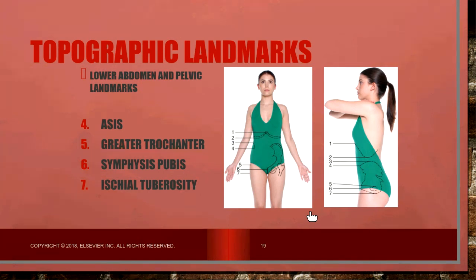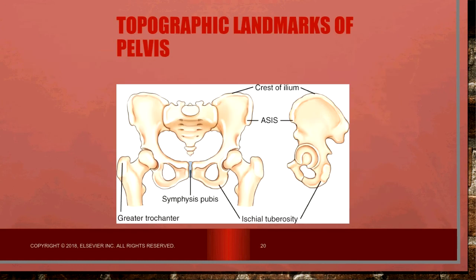So all of these, 1 through 7, are topographic landmarks that we use to help us identify where in the body we actually are. It correlates with specific anatomy. We also have some topographic landmarks on the pelvis.